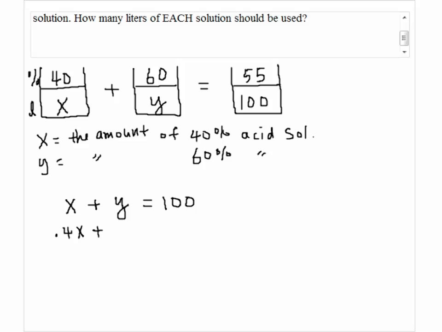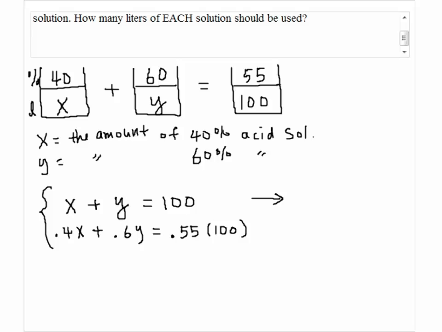And we add to that the amount of pure acid in the 60% solution, which is given by 0.6y. That will give us 0.55 times 100, which is the amount of pure acid in the mixture. Here we have a system of linear equations with two variables. So we are going to solve the system.